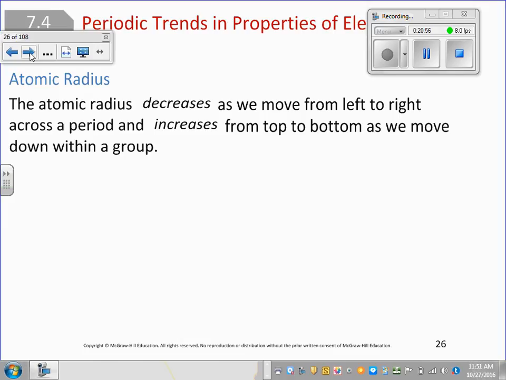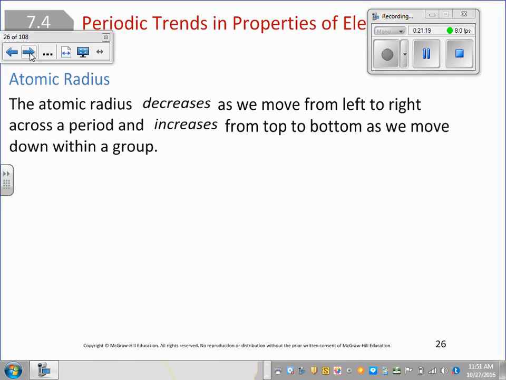Okay. Think about this. As we go from left to right across a row, what are we increasing? We're increasing 2 things: the number of electrons, but we're also increasing the number of protons, right?